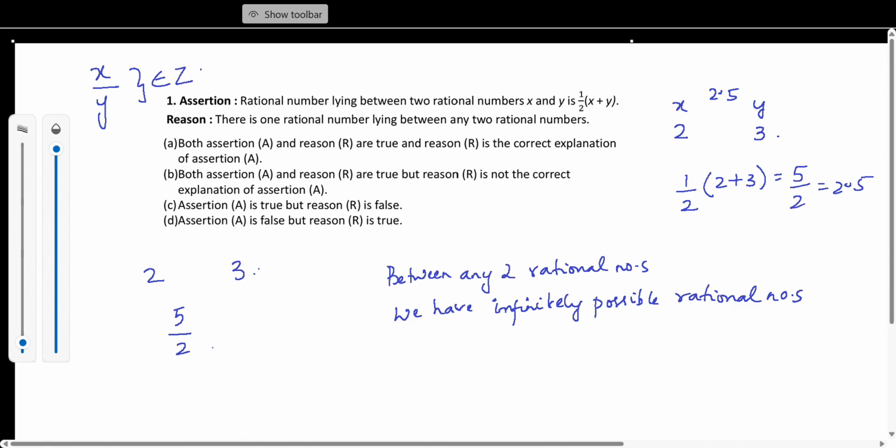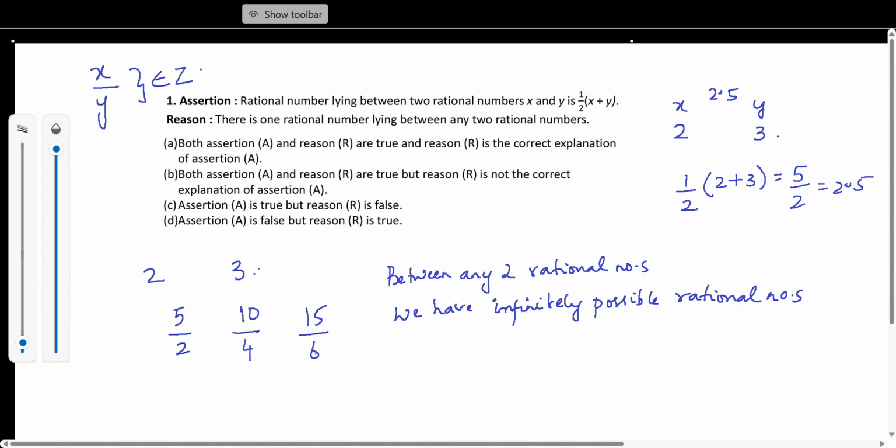Now what we can do is, suppose you had to make the denominator 4, the numerator also will double. Suppose this had to be made 6, this will increase. So now if you say 10 by 4, then you can get 9 by 4 or 11 by 4, so many numbers in between.